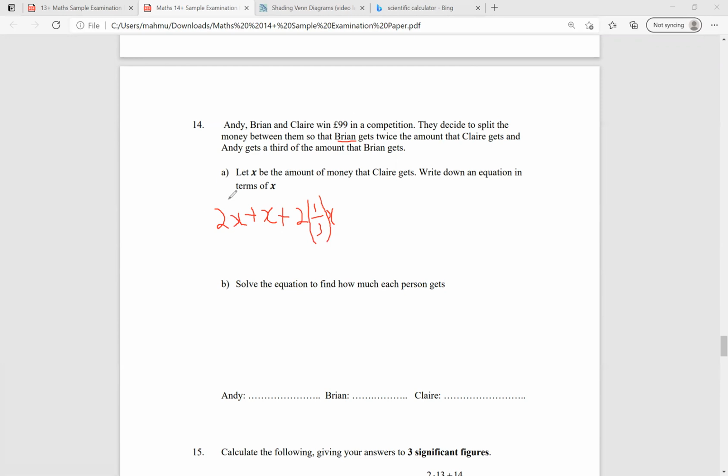Now I'm just going to write, this is B, this is C, and this is A, right? Does that make sense?